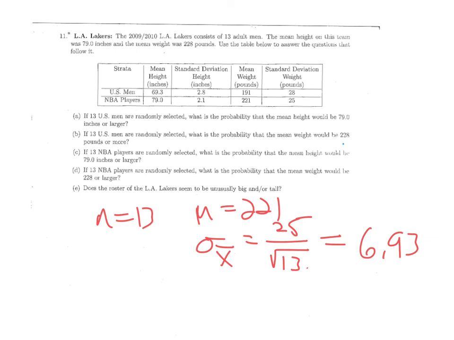So now we're looking for the probability. Notice it's still 228. Their mean is 221. We want to see the probability of getting 13 NBA players with an average weight of more than 228. So let's use that David Lane applet.